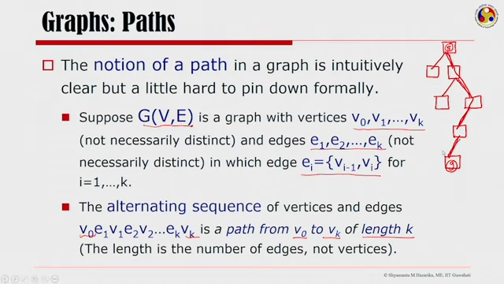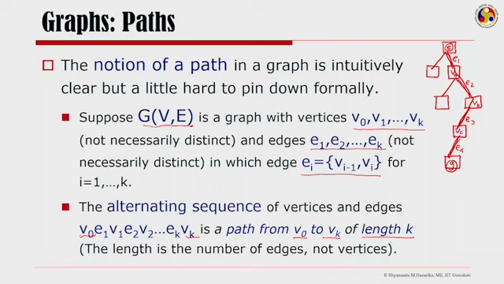So here is a length 4 path, and what I wanted to highlight was that this path is made up of edges E1, E2, E3, E4. Alternatively it had vertices, let us call them VA, VB, VC.